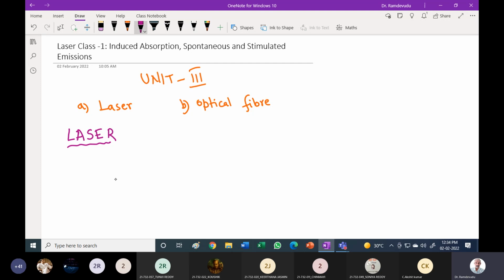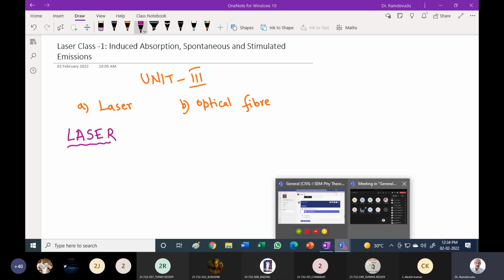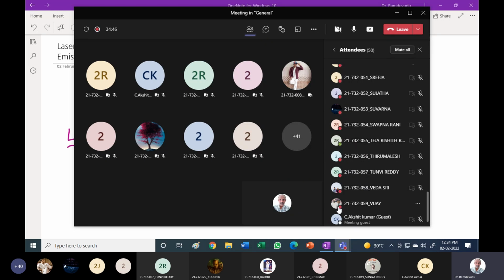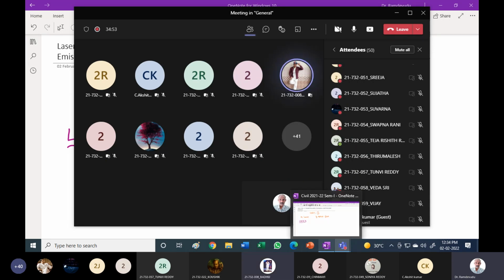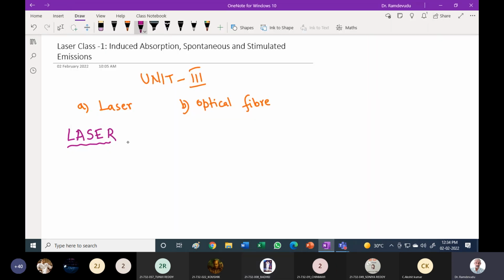Light amplification through stimulated emission of radiation. Radiation. Okay.